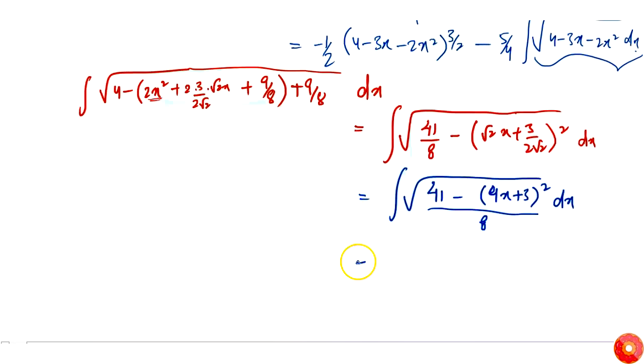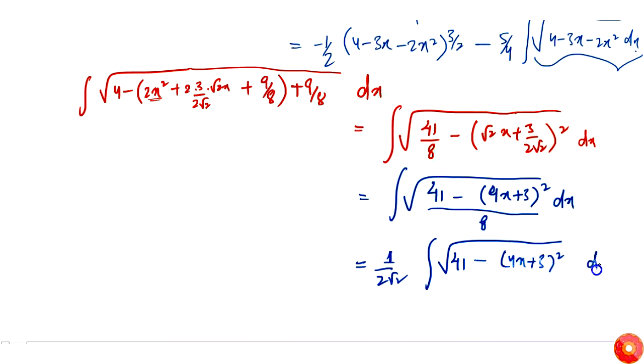So 8 if I take common, this will become 1 by 2 root 2 into integral of square root of 41 minus 4x plus 3 whole square dx.